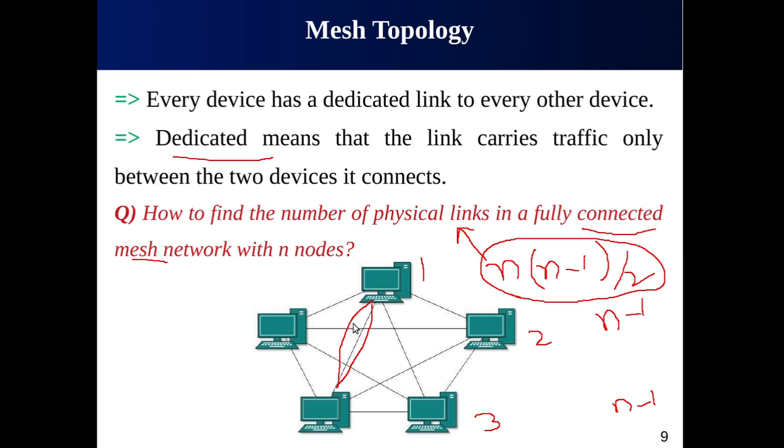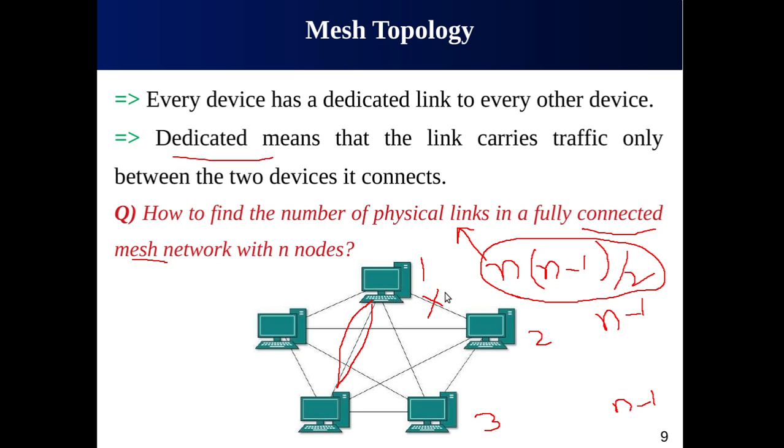It will eliminate the traffic congestion problem that occurs in other types of topologies. So you can say that a mesh topology is more robust. How? If one link is down, unusable, unavailable, it does not incapacitate the entire system. The entire system is still working, only one link is down.